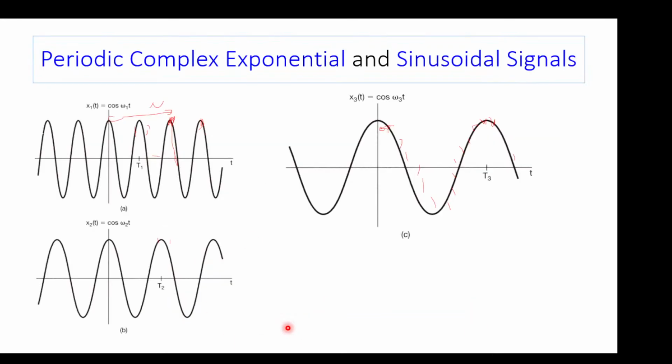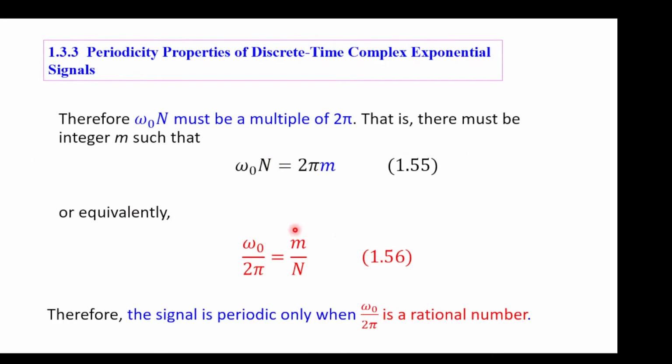So big N is an integer, m is an integer, and an integer divided by an integer is a rational number. So you see omega naught divided by 2 pi must be a rational number for your signal to be periodic. And spoiler ahead, if this is not satisfied, then your signal is not even periodic.